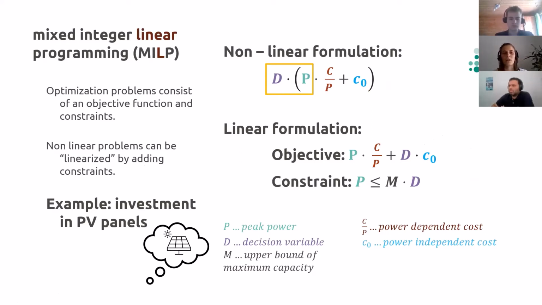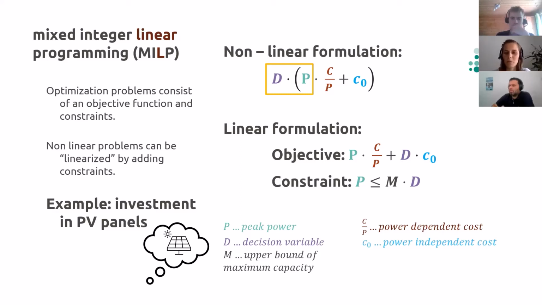And one limit of the mixed integer linear programming is that we can only consider linear terms. And in the objective function or the cost for the PV panel, we already have a nonlinear term. You see the yellow square where you have the decision variable times the capacity power. And this is a product of two variables, which is not possible in that sense.